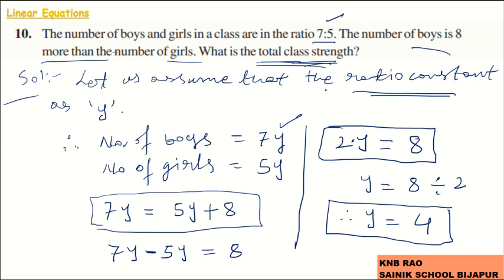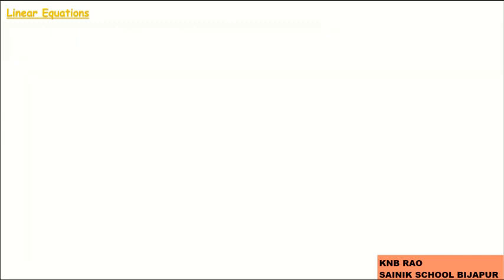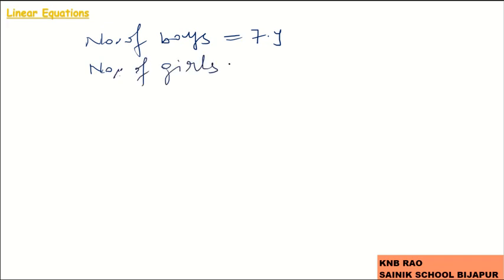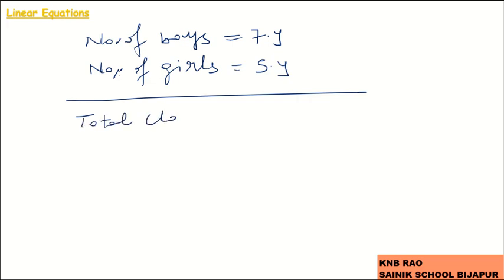So, the total strength of the class, how should I say now? See students, we have the number of boys being 7 times y, the number of girls being 5 times y, and the total class strength will be the number of boys plus the number of girls.